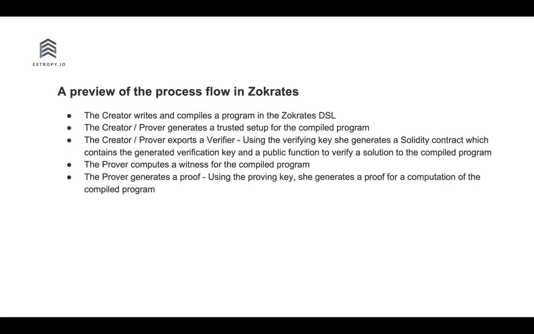And then the prover generates a proof using the proving key that was generated in the trusted setup. This proof needs as an input the witness, the secret.